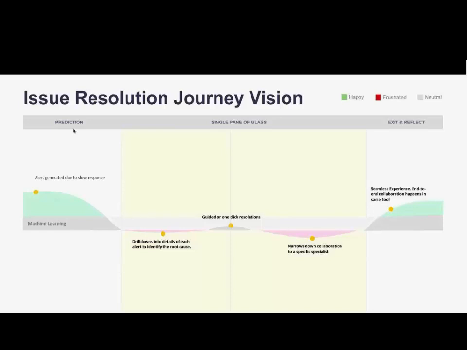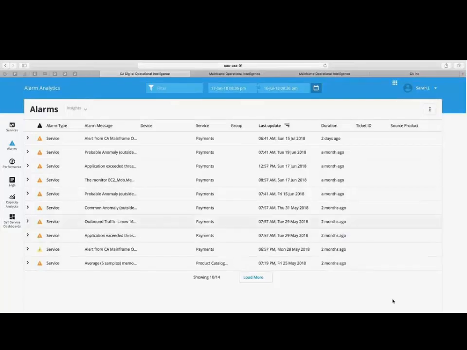Now I'll move to a demo. This is the interface of one of the CA products, Digital Operational Intelligence, and we have Mainframe Operational Intelligence. Suppose I am an IT operations person monitoring an application which spans from cloud to mainframe.